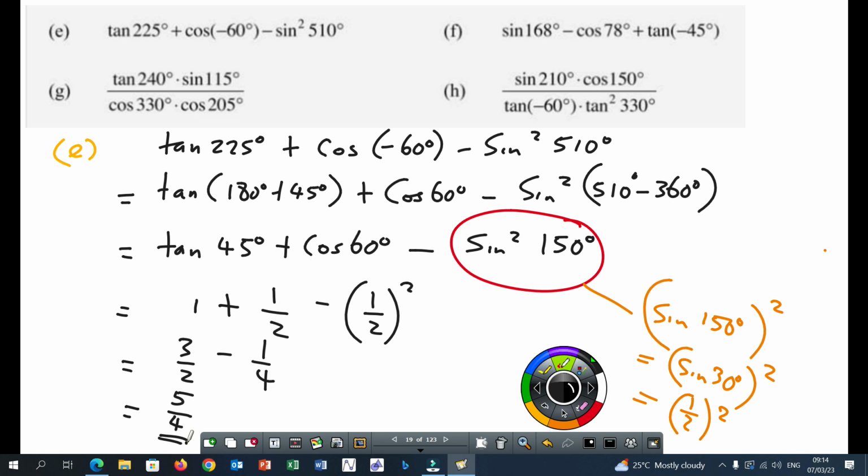Any question? Yes. You said tan 225 is 180 plus 45. And then in the next step, where did the 180 go? The reduction. If you understand, we have used the reduction formula.